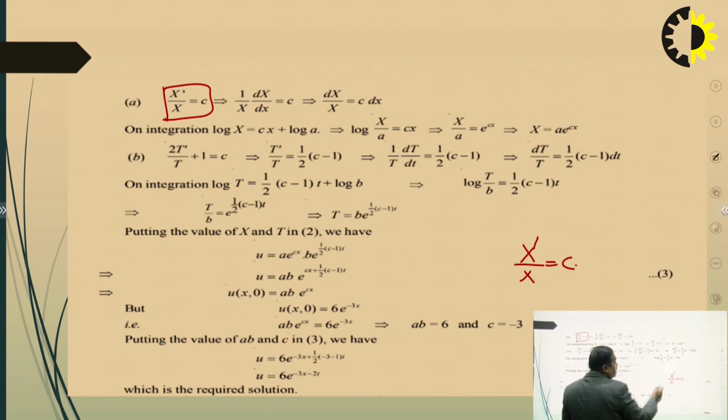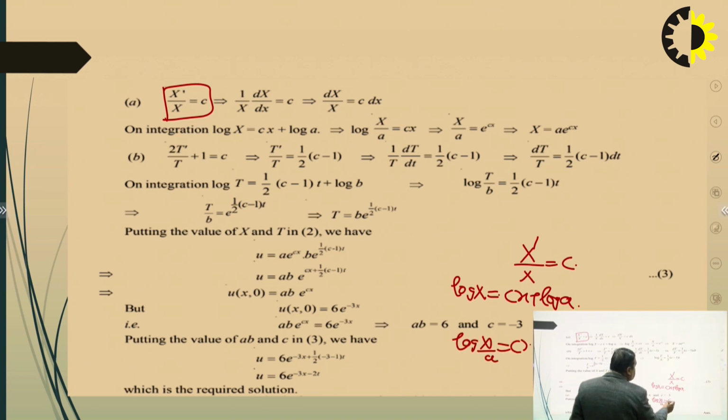A function having its differential on the upper side becomes log X equals cx plus log constant a, that is, log X by a equals cx, so X equals a e to the power cx.